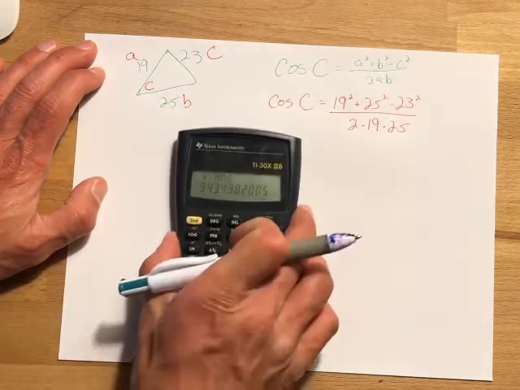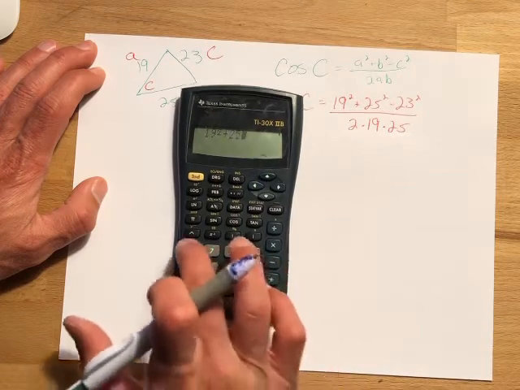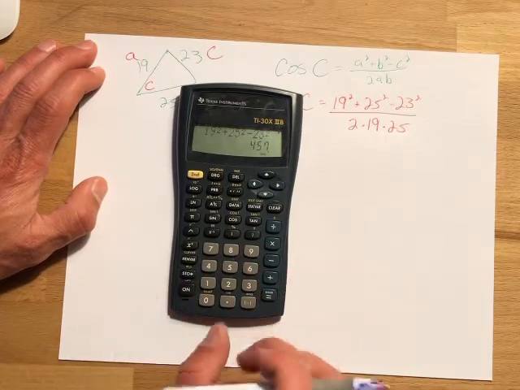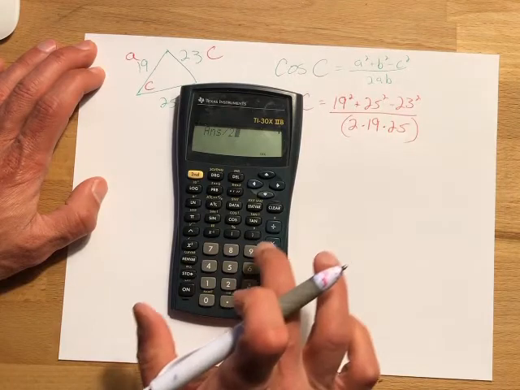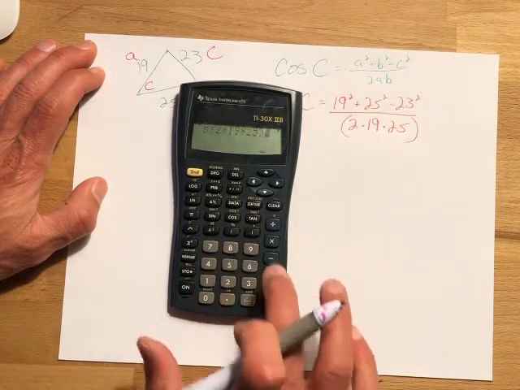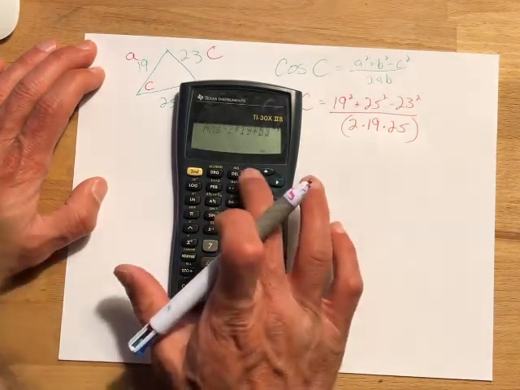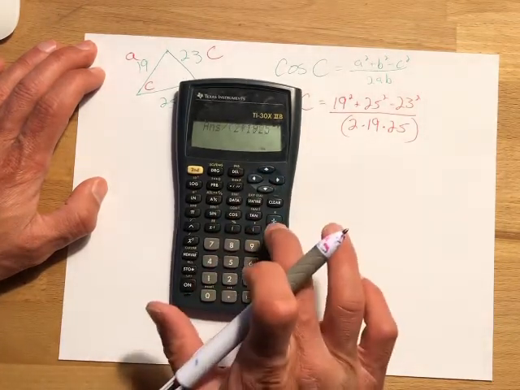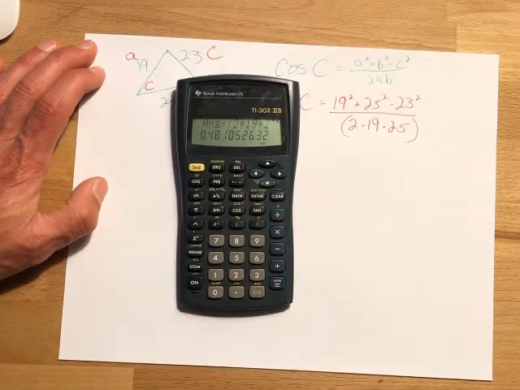All right, now what I'm going to do is this. 19 squared plus 25 squared minus 23 squared, but I'm going to press equals because my calculator will get all messed up. Then divided by, and I'm going to put this whole thing in parentheses: parenthesis, 2 times 19 times 25, close the parenthesis, and I'm going to get a decimal answer.